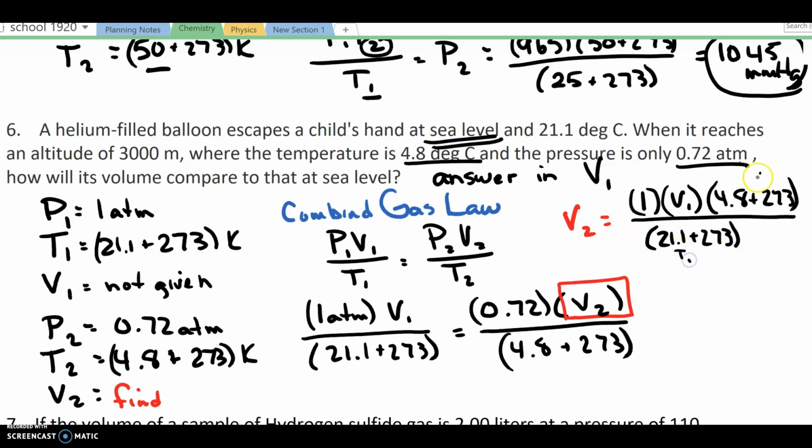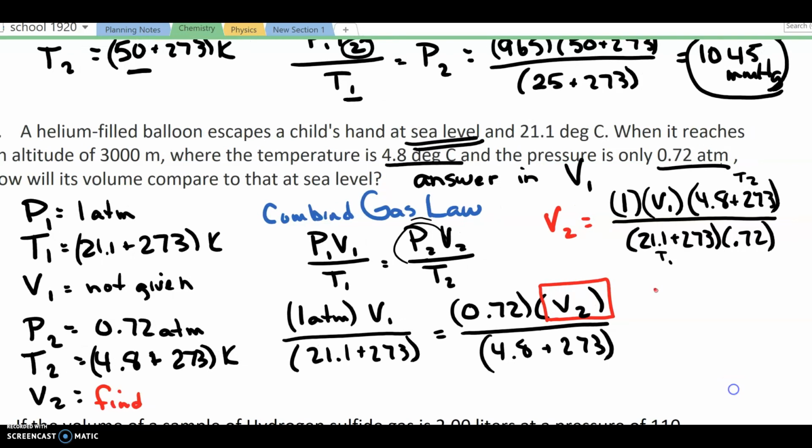That's my T1, that's my T2. And I also have to get rid of my pressure number 2. I'll have that on the bottom, 0.72. Why do I not just go ahead and add 4.8 to 273? That one's easy. I can do it in my head, but sometimes it's not easy, and I wait till I pick up my calculator at one time and punch all the answers into it.